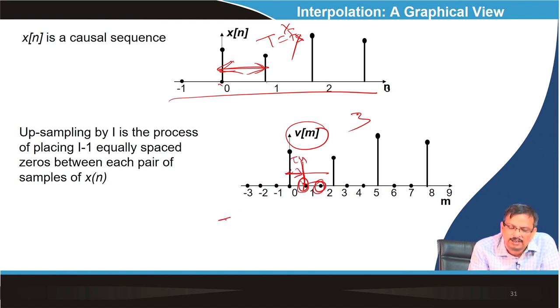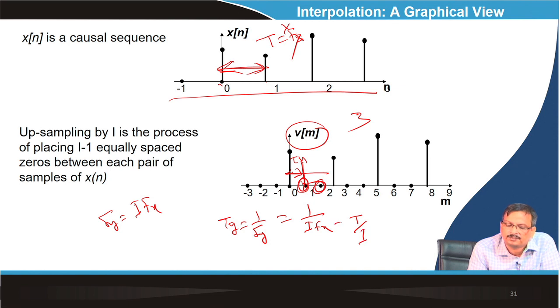So ty is equal to 1 by fy. I know fy is equal to I into fx. So I put 1 by I into fx. So I can say ty is equal to t by I. So I have divided the duration by the factor I.